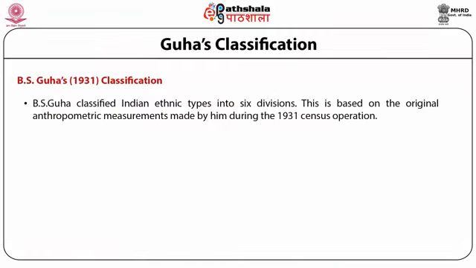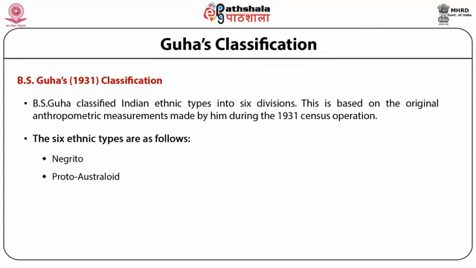The classification given by B. S. Guha of Indian ethnic groups has 6 divisions. This is based on the original anthropometric measurements made by him during the 1931 census operation. The 6 ethnic groups are Negrito, Proto-Australoids, Mongoloid, Mediterranean, Western Brachycephals and Nordic.